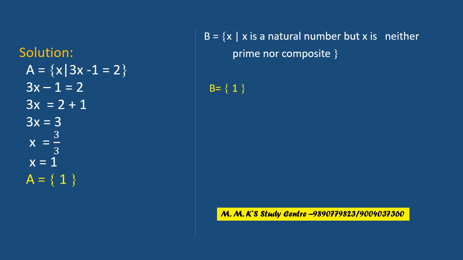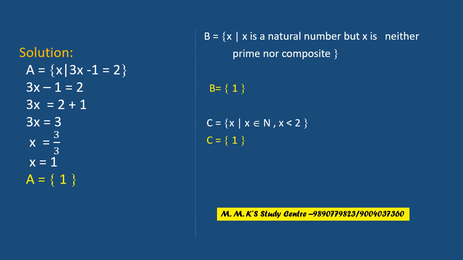Now we'll continue with the third set which is given to us. C is a set of x, x belongs to natural numbers and x is less than 2. So natural numbers start from 1, and below 2 we have only one number, that is 1. So your answer is C is equal to {1}. So here the elements of sets A, B and C are exactly the same.